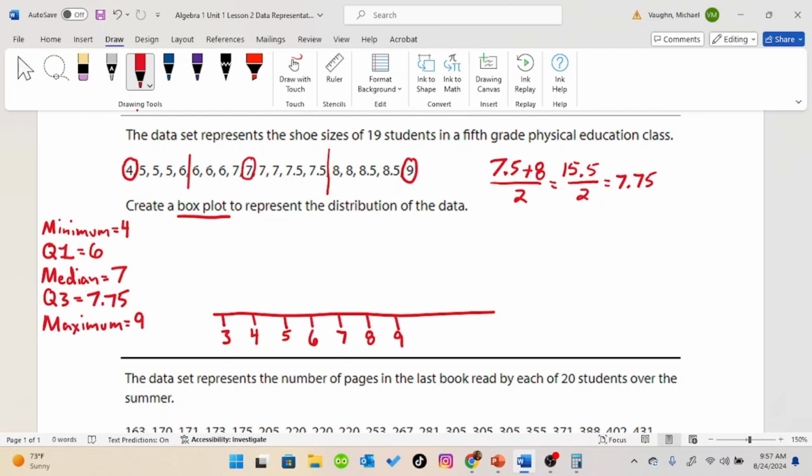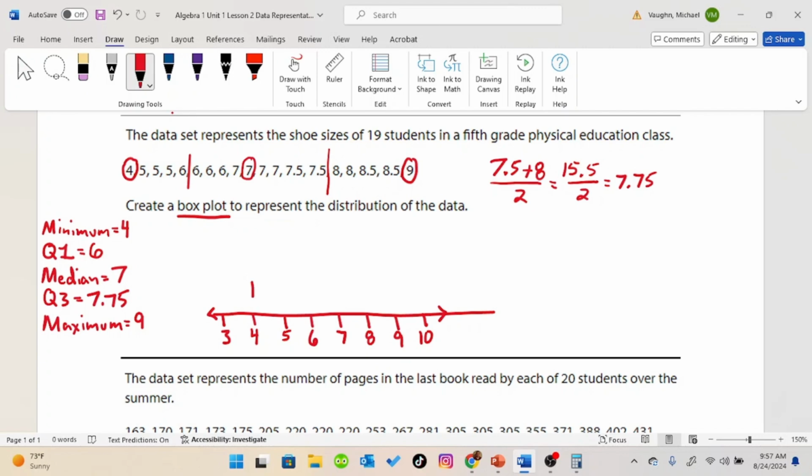And we know we need it to go to at least 9, so I'm going to have it go until 10. Now we put a line for each of these 5 number summaries.